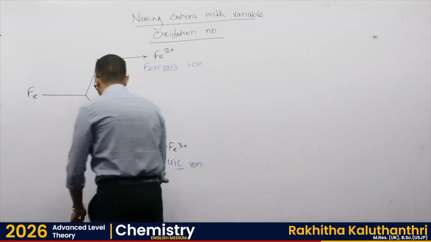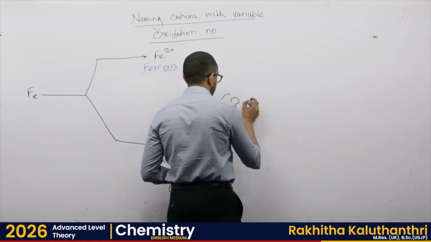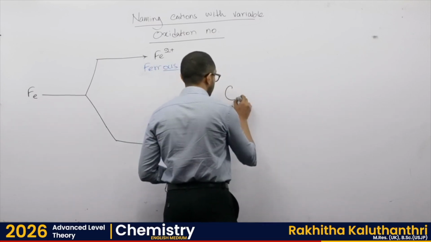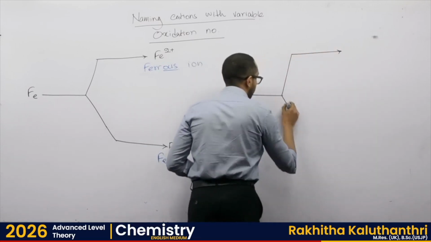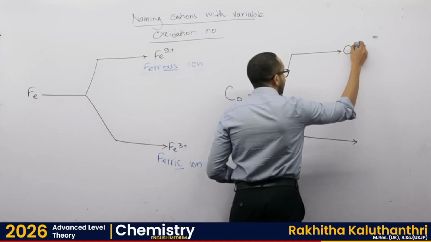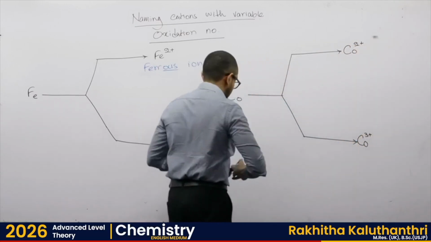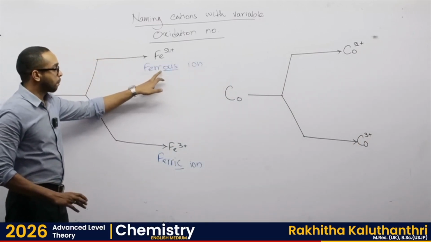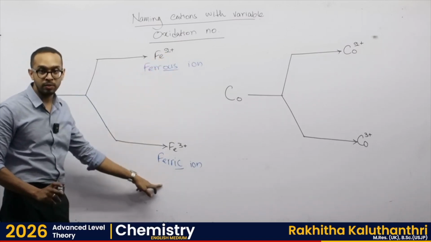Another good example would be cobalt. If you take cobalt, Co, you have Co2 plus and Co3 plus. Now I just told you, in the trivial naming system, the one with the lower oxidation number ends with OUS, and the one with the higher oxidation number ends with IC.